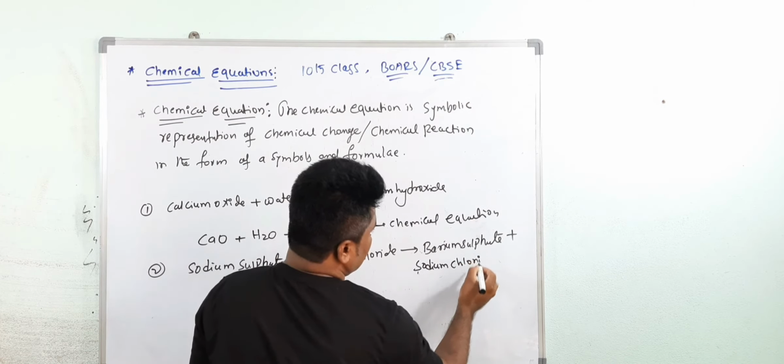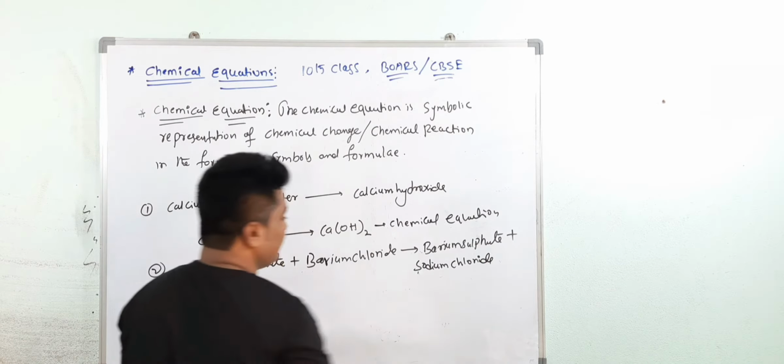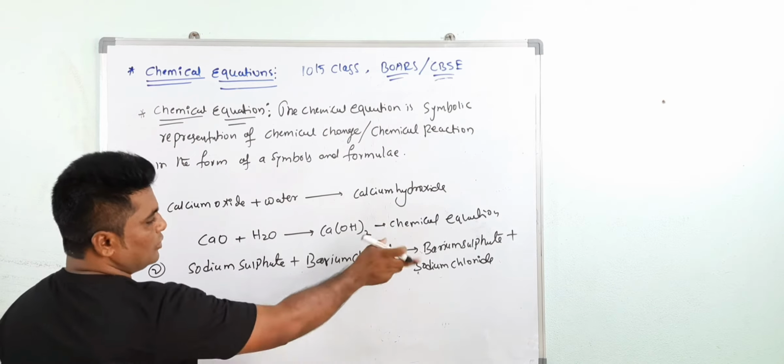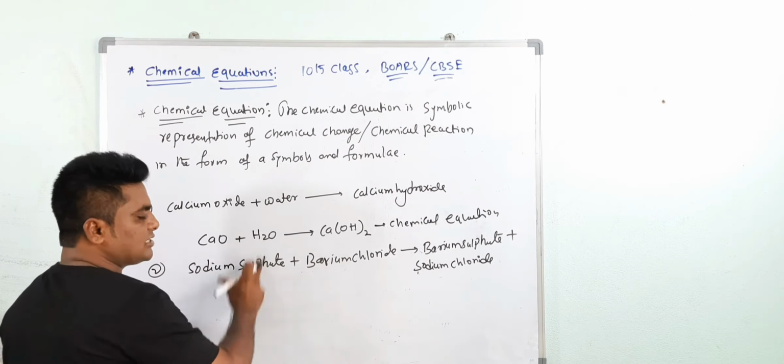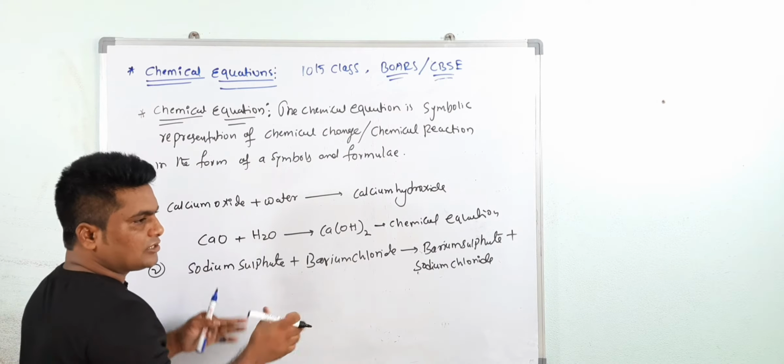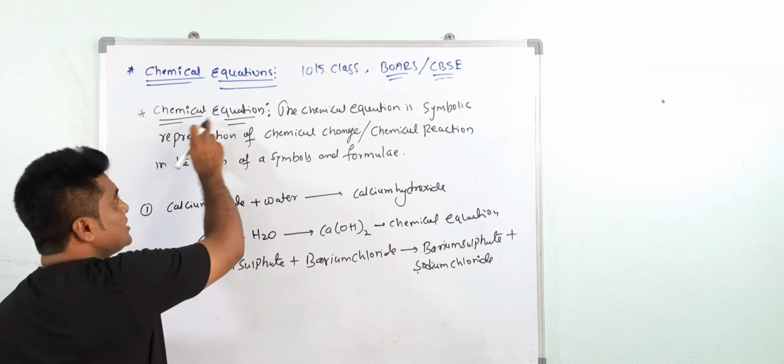See how much time it will take. It is very difficult to write sodium sulfate, barium chloride like that. So you can easily represent this chemical reaction. This is our chemical reaction. So I am representing this chemical reaction in the simple way, called a chemical equation.